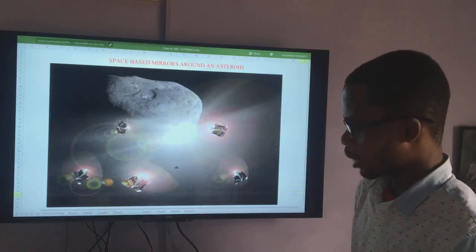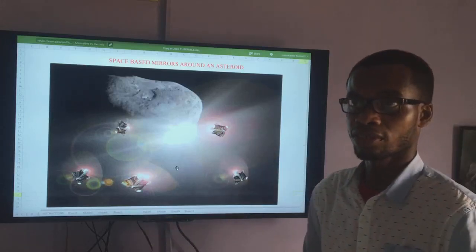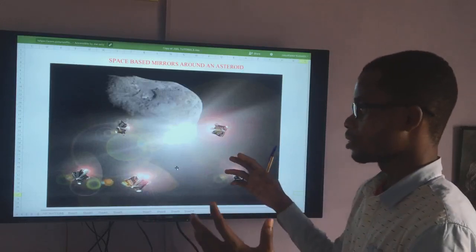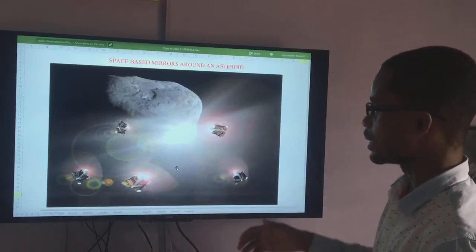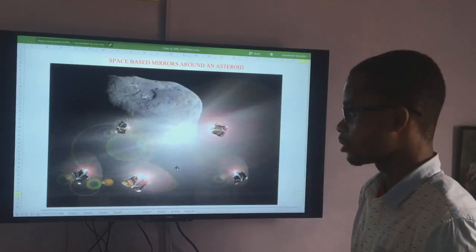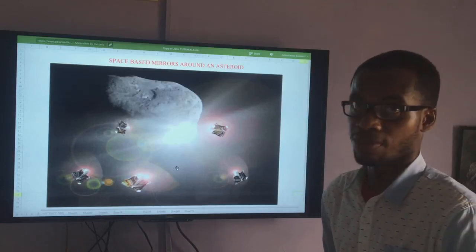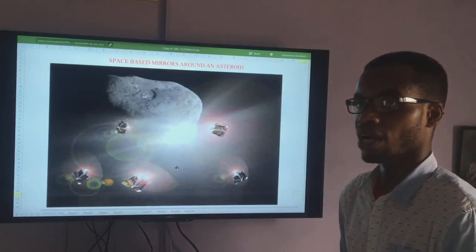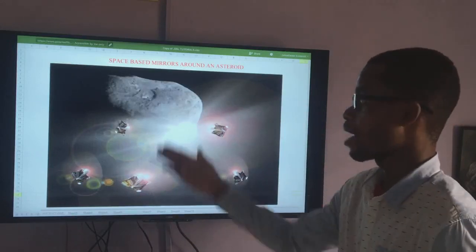Now let's look at, apart from these ones, the common ones that we know, and as for those ones, we can say they use them a lot. The third one is when a nuclear weapon is manufactured. A nuclear weapon can be released to go and blast the asteroid.